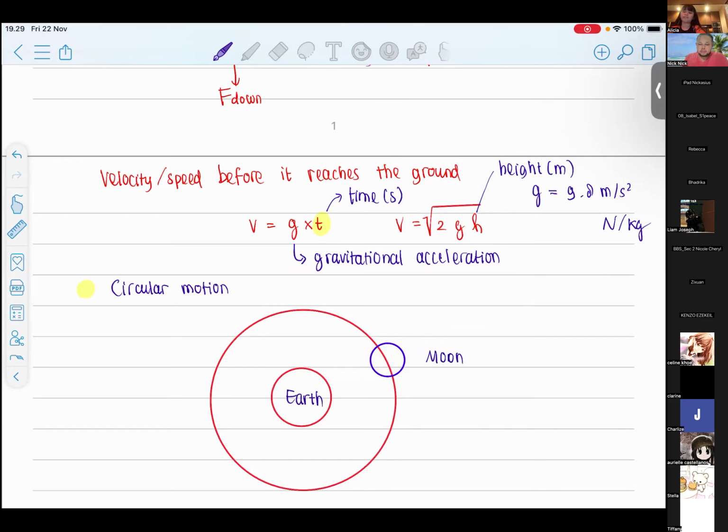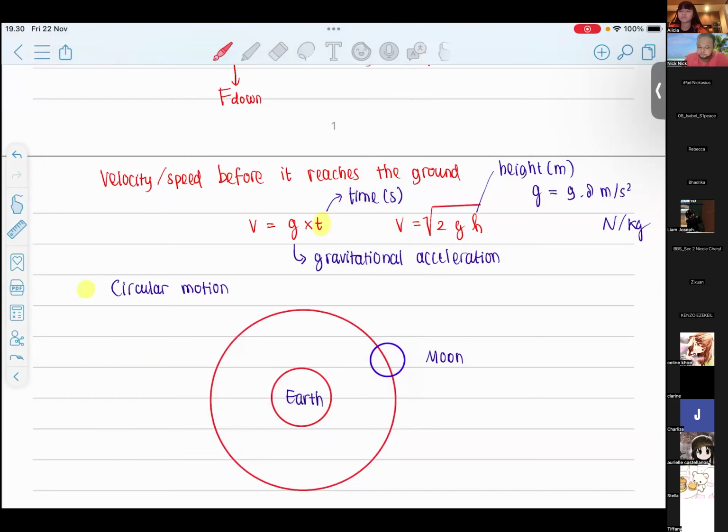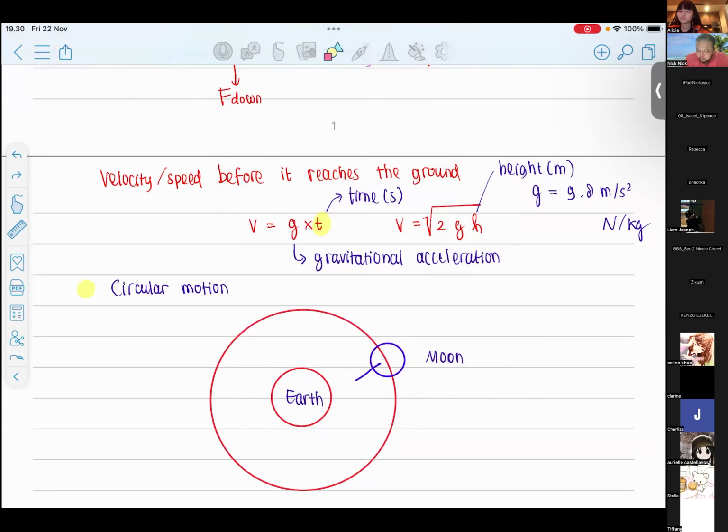The circular motion is affected by many forces, right? First, the circular motion is affected by the gravitational attraction. We call it FG, the gravitational pull from the planet.